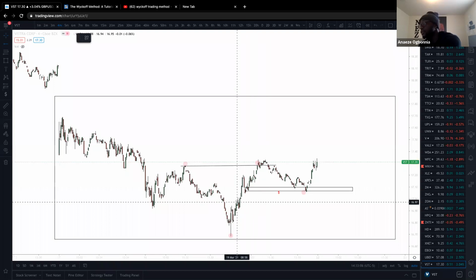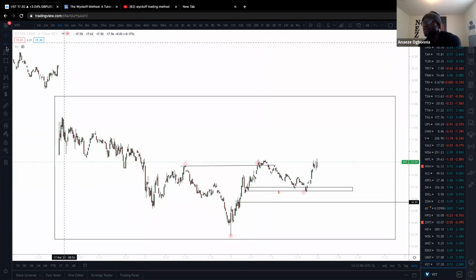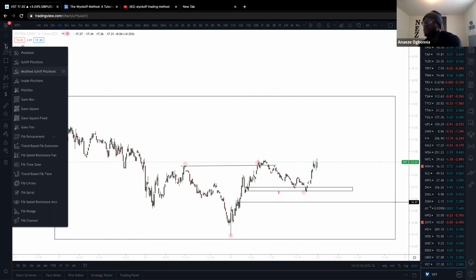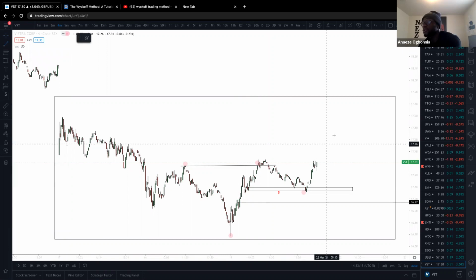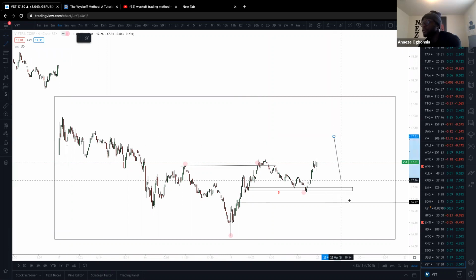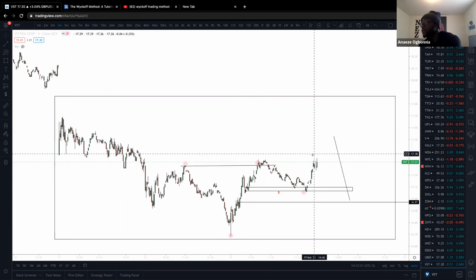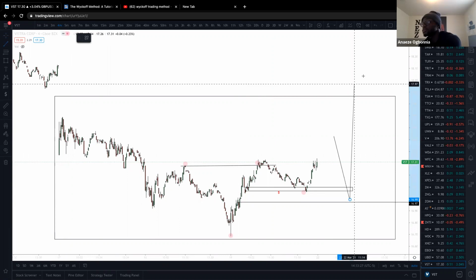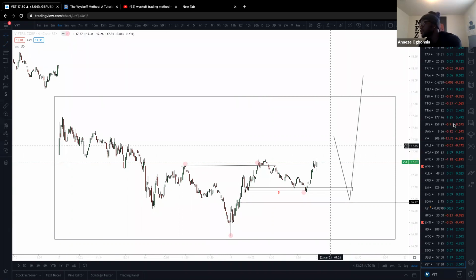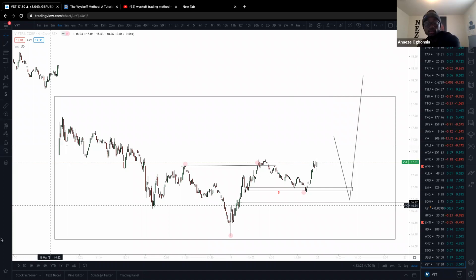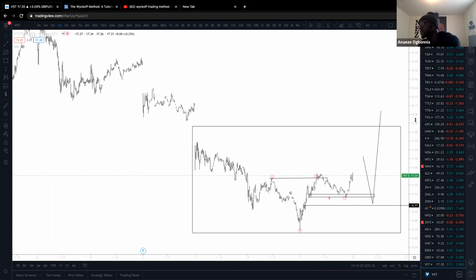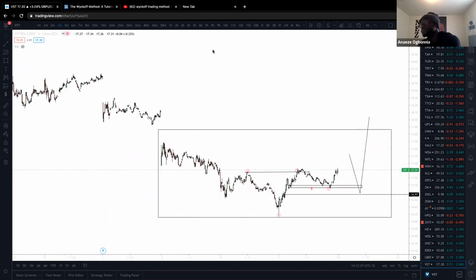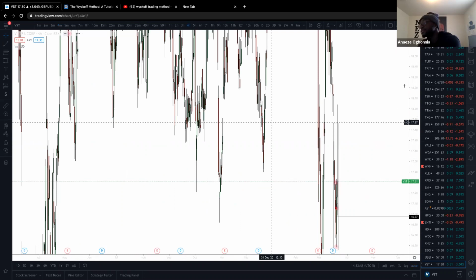Entry number two can definitely occur down there, which is 1697. What could possibly happen is that price can gap up to right up there maybe, and then come down, because you're gonna want to fill that little gap. That's a possibility. I'm not saying it's gonna happen, but it's just a possibility.